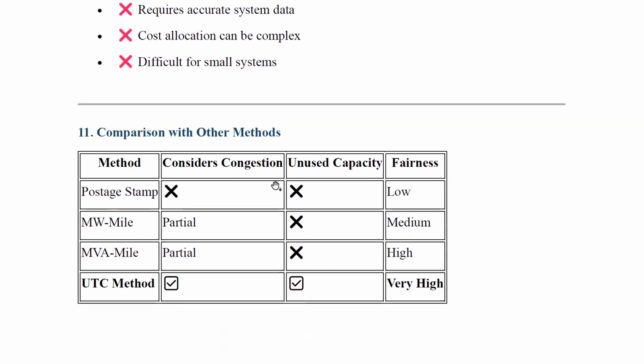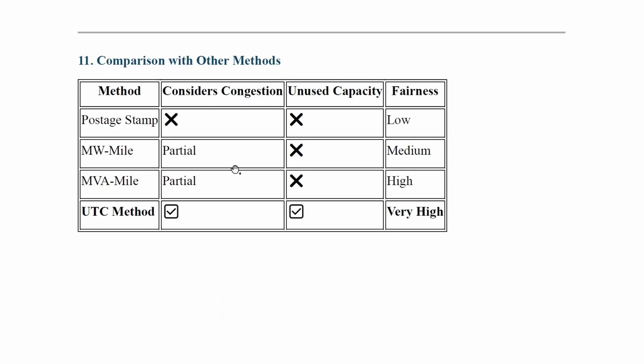Now we are comparing the unused transmission capacity method with other methods, that means the postage stamp method, megawatt mile method, and MVA-mile method. These are the methods we have seen.